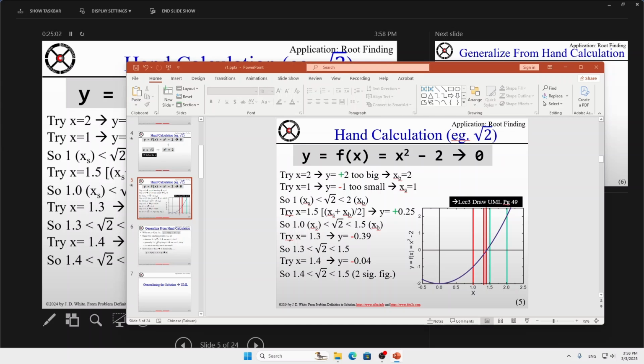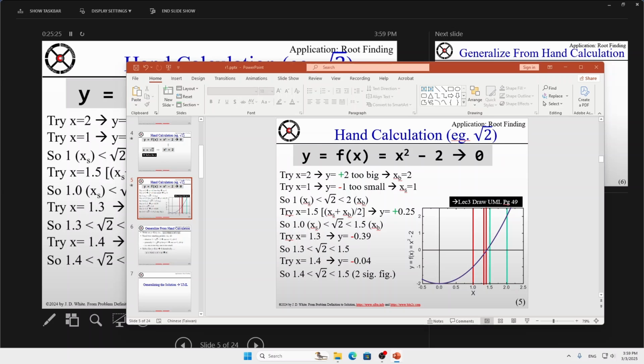So at the very beginning, what did we input? What did we start by doing? Here we start by inputting one number that's too big and one number that's too small. In other words, we input xb equals 2, xs equals 1.